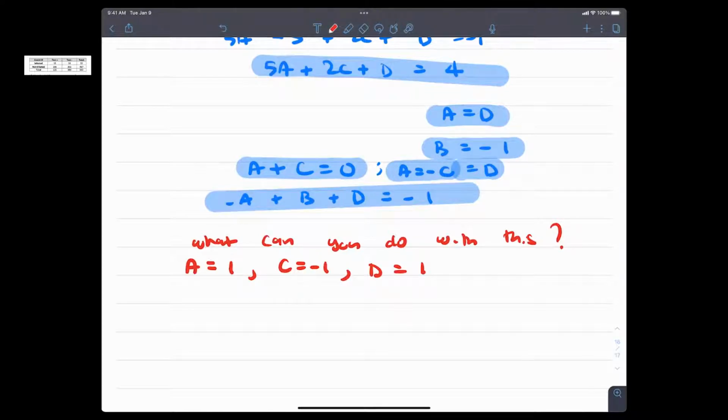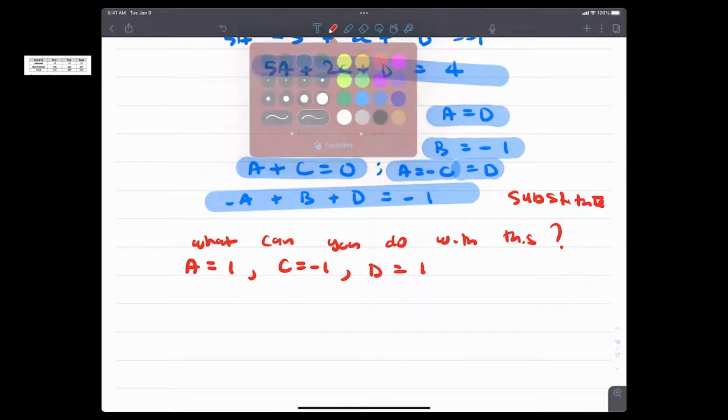I'm going to suggest you guys do some substitution. You can say that 6d plus 2c is 4. Let me double check here.